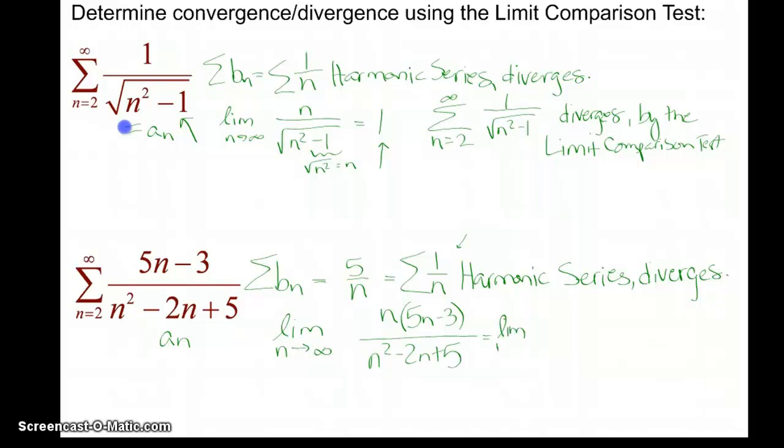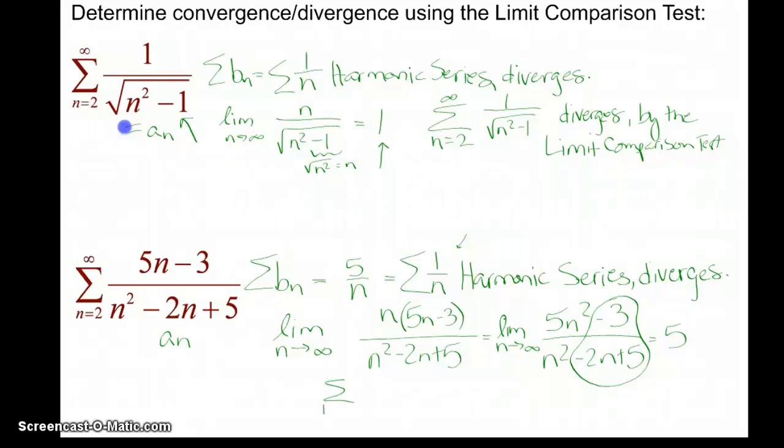I would go ahead and do one more step just for myself, if nothing else, to clean up what's happening here. For large n, these things right here are not playing a role. For large n, this is acting like 5.